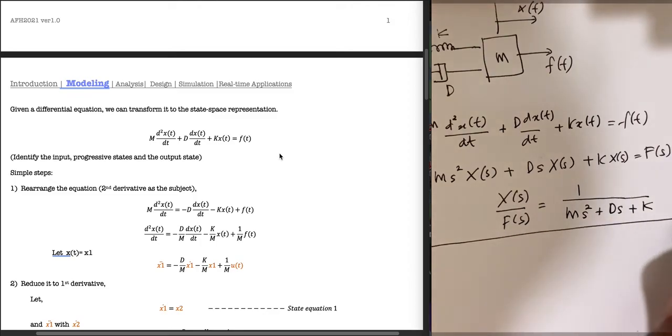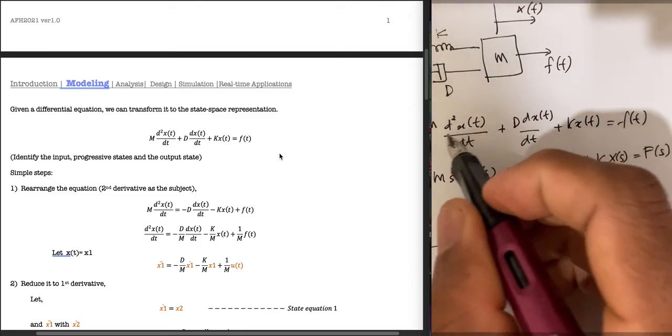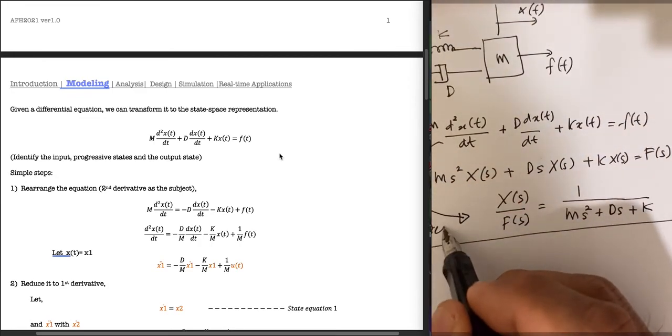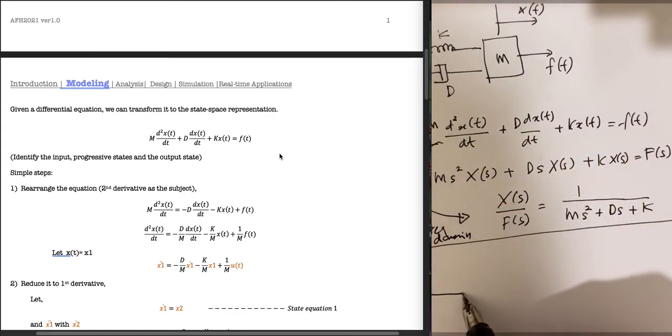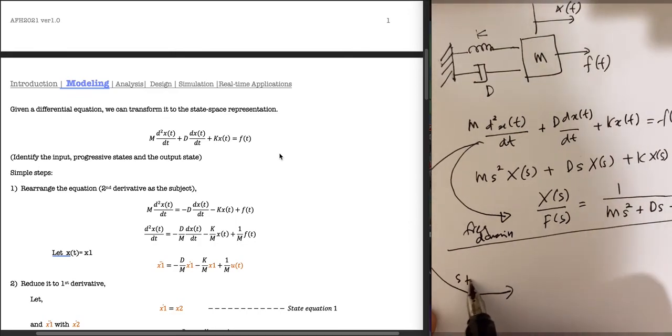Now we need to model this system from the same differential equation into state space, or SS for short.